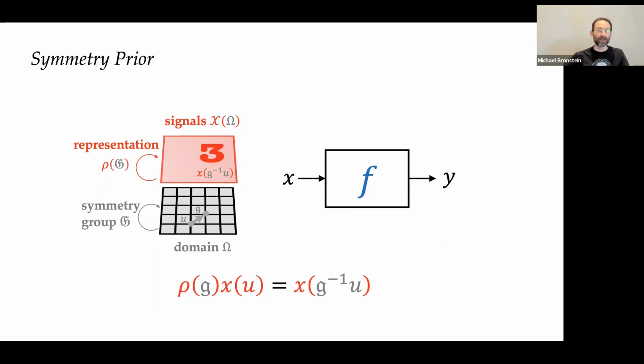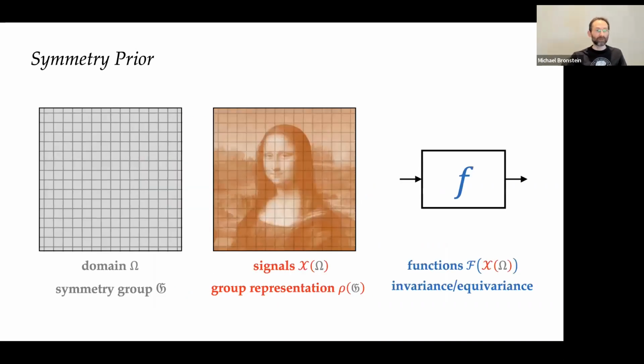So it's simply a translation or a shift operator. So here we have decomposed our problem into three different objects. We have a domain omega with its symmetry group G. We have signals that live on this domain, on which the group acts via its representation. And we have functions that are defined on these signals, where the structure of the group will be manifested through what we'll call invariance and equivariance.